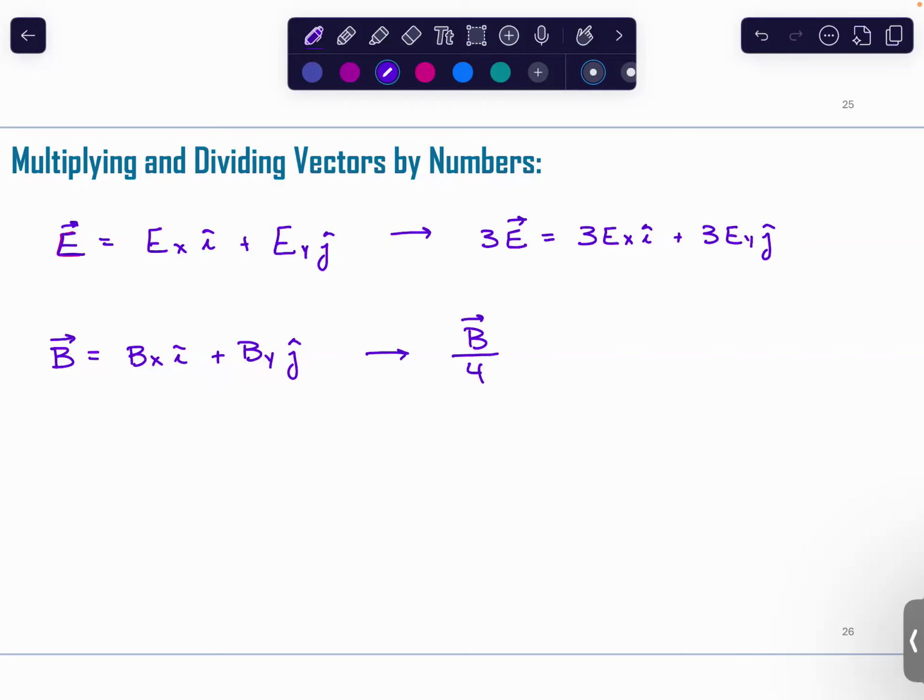We do the exact same thing. It's distributive. You could either divide by 4 or multiply by 1/4. It's the same thing.